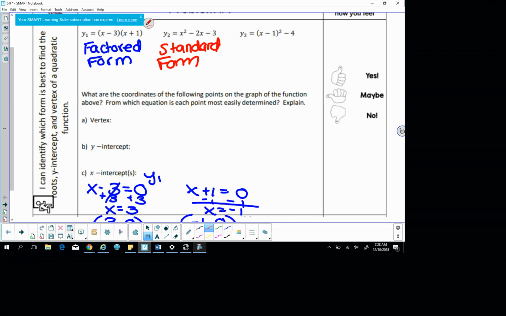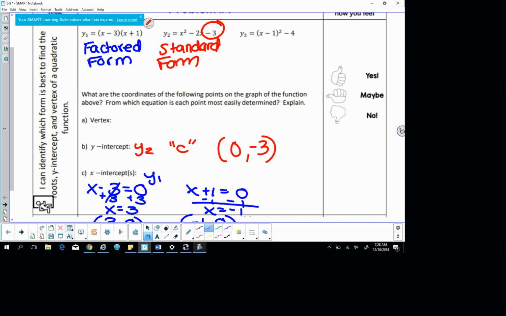Not the vertex. The y-intercept. The reason is because your y-intercept is just your constant. So what's your constant in that equation? Negative 3. So my y-intercept would be (0, negative 3). Or if you plugged in 0 for x, you would get the same thing.